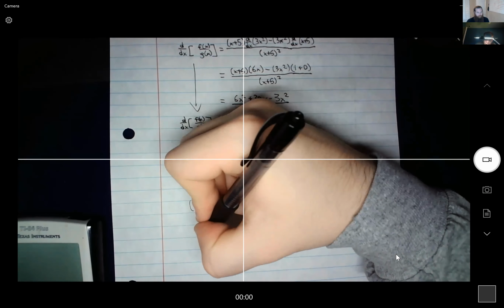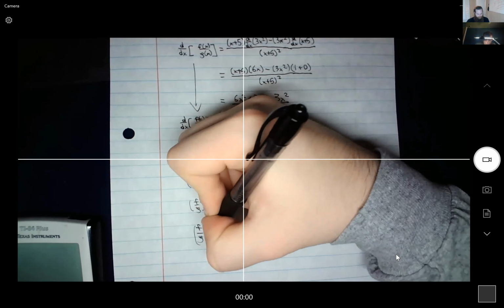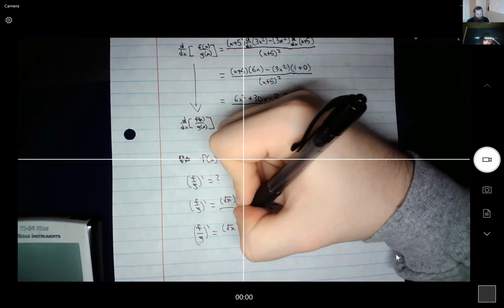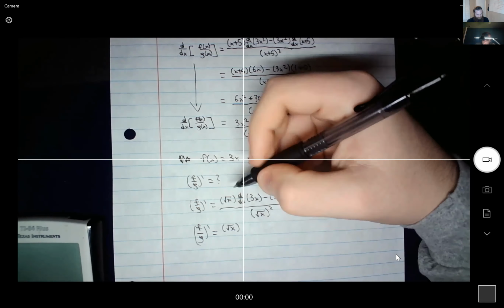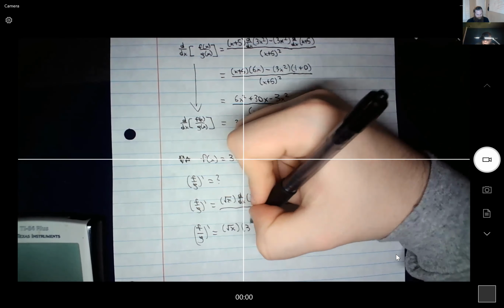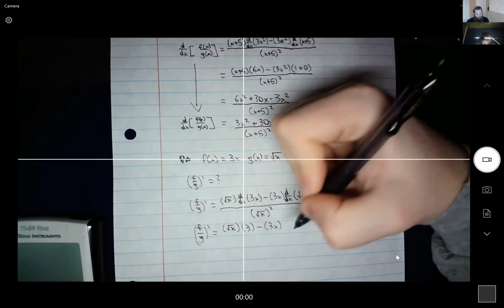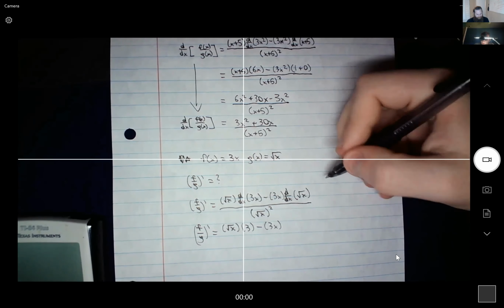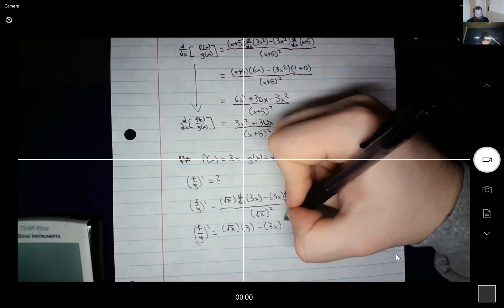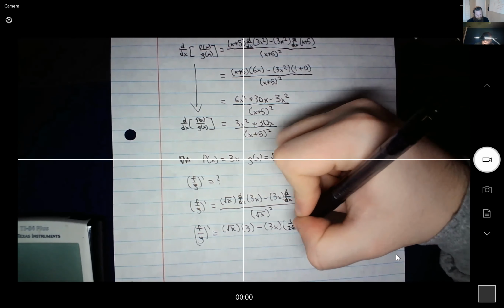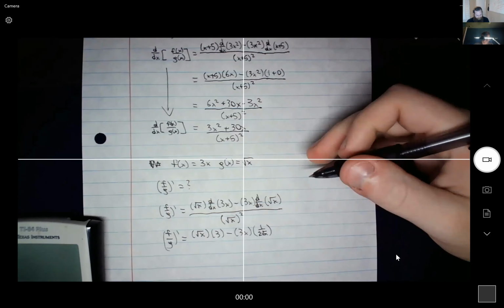So f over g prime equals, so we have our root x times the derivative of 3x equals 3, minus 3x times, we know that the derivative of root x is 1 over 2 root x. We can separate that out.